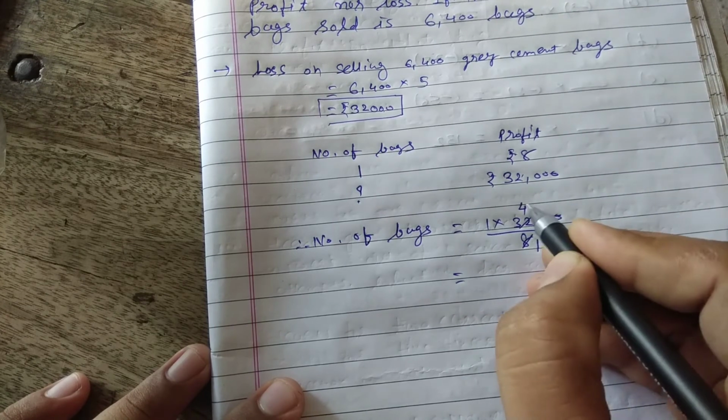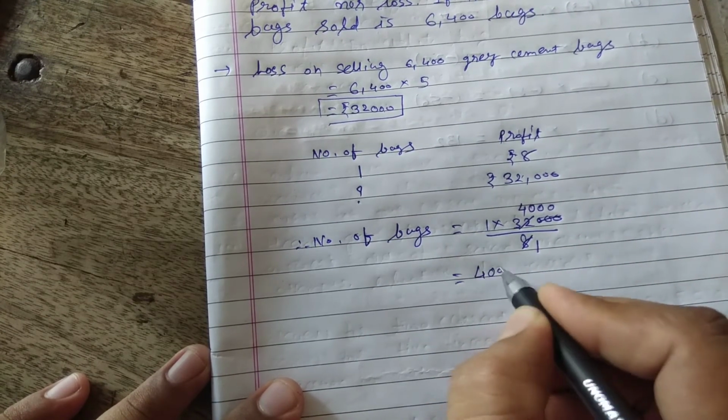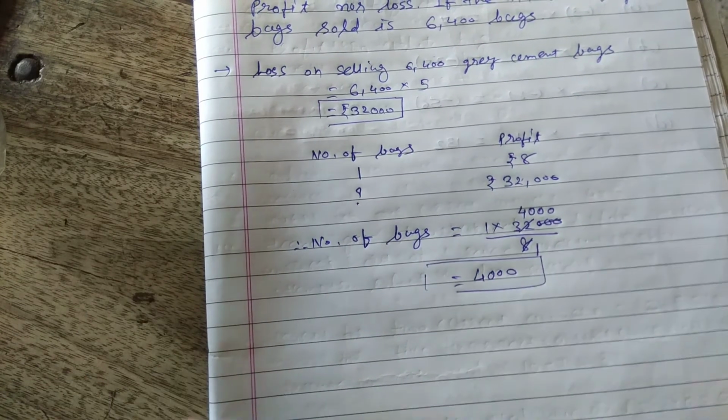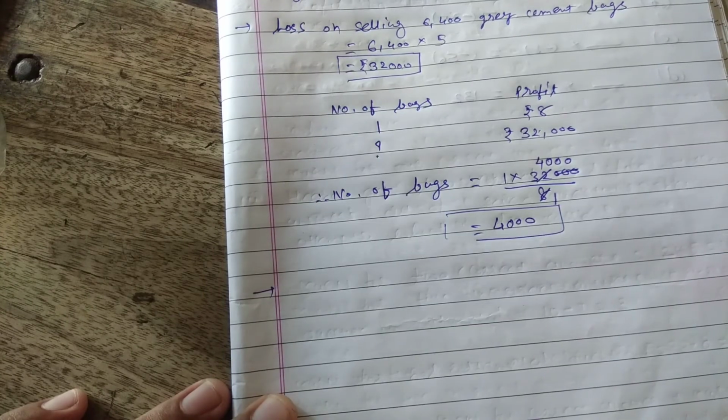This 0 will cut and it will come here. So answer is 4,000. So here number of bags is 4,000. Which number of bags? That is white cement bags.